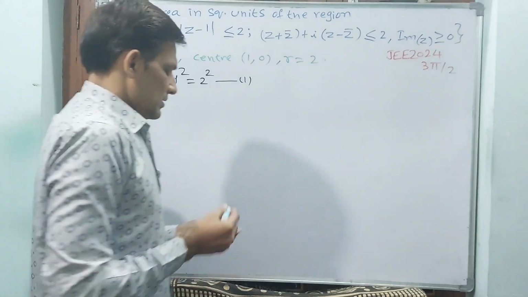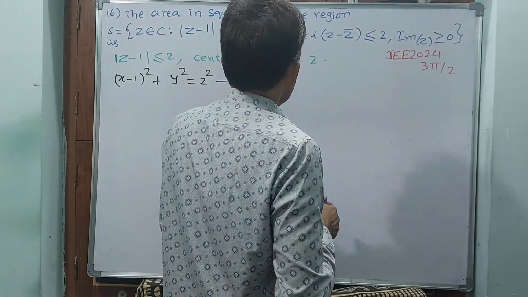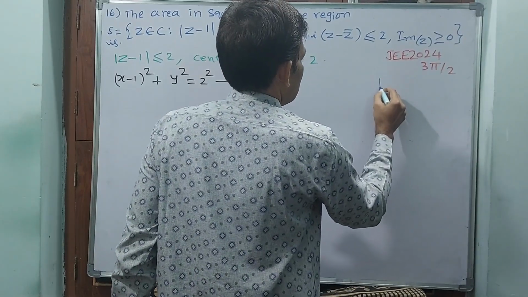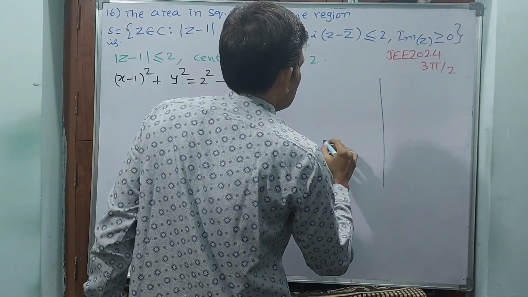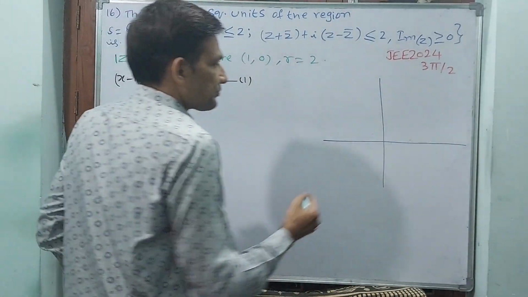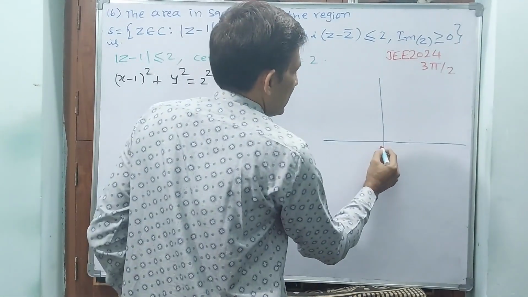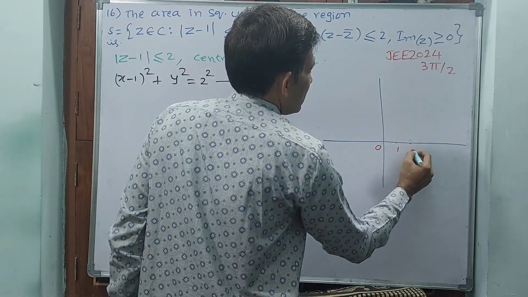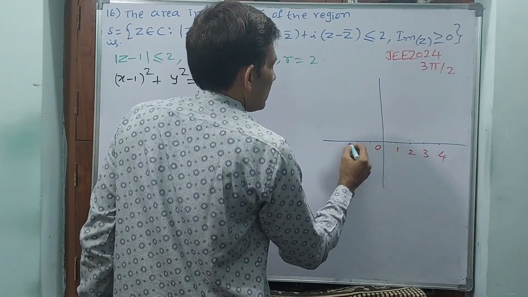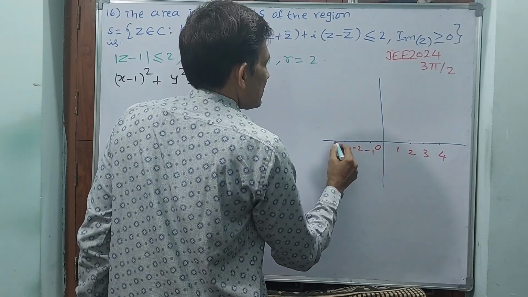Now let us draw at one go. So this is 0, and 1, 2, 3, 4, minus 1, minus 2, minus 3, minus 4.